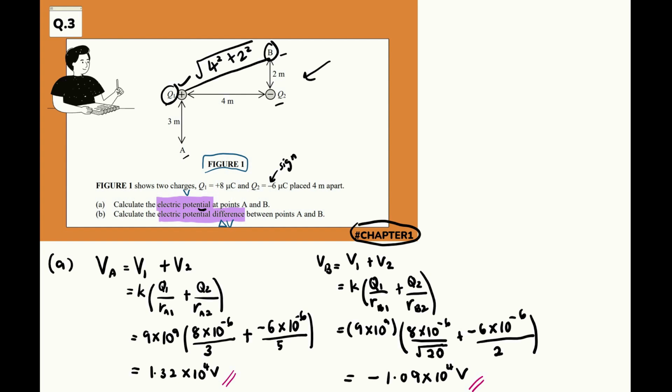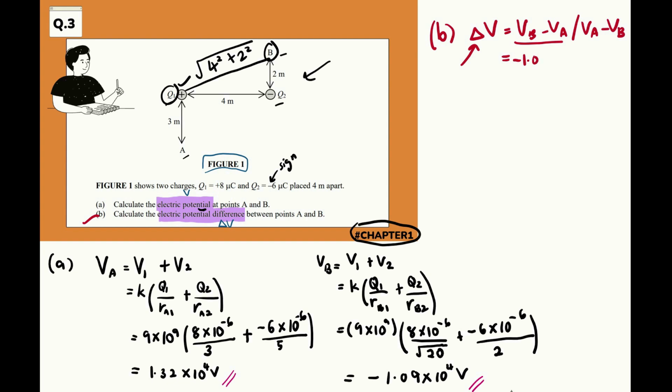Now we want to solve the second question, B. Calculate the electric potential difference. For B, the electric potential difference is delta V. So it's equal to VB minus VA or VA minus VB. When we just want to get the magnitude of the difference, it doesn't matter. It's supposed to be negative if I substitute from the first equation.